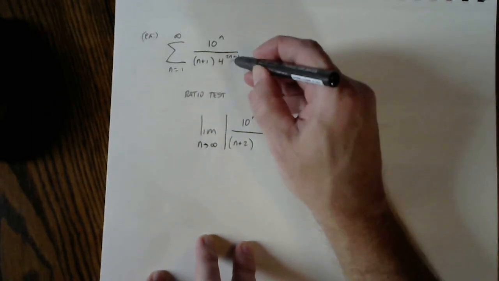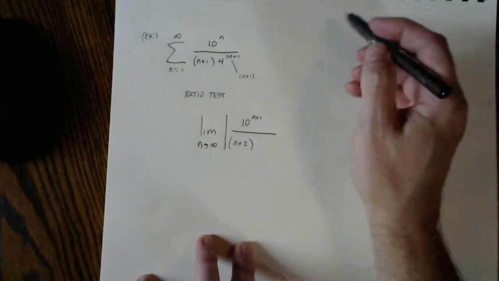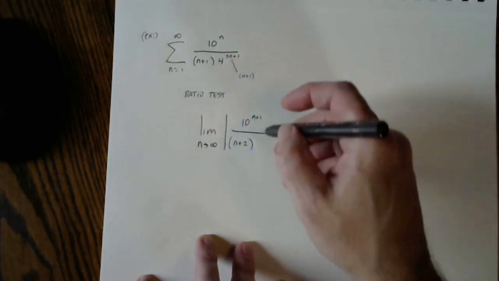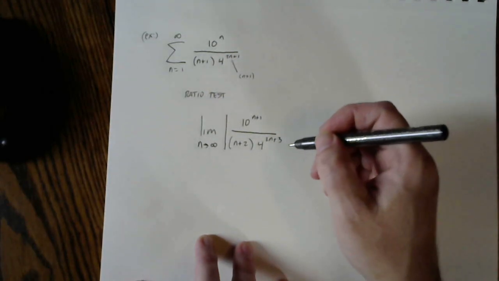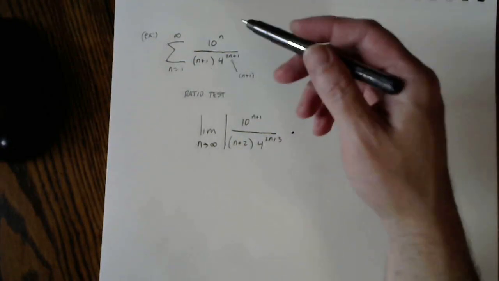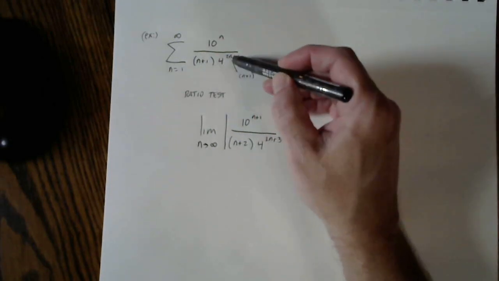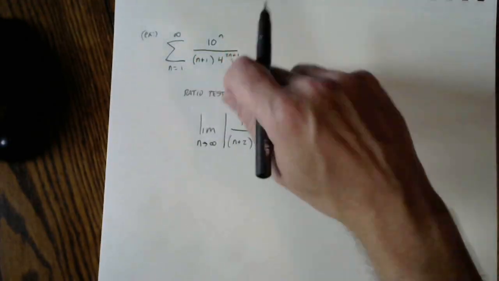And likewise, if that n is n plus 1, then this is 2 times n plus 1 plus 1. So that is 2n plus 3. Okay? Take a good look at that. That's a common thing. People will see, oh, that's n plus 1. That's good. No, it's not good. You've got to replace the n with the n plus 1. And then the second one is exactly what you have in the series, but of course I'm going to flip it.